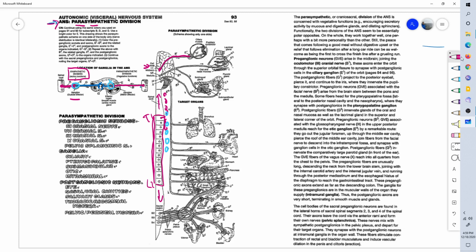in constricting the pupils. So here's the ganglia, within the organ. Remember, I said they were within the organ in the parasympathetic nervous system. And note now the postganglionic neuron heading to the pupillary constrictor muscles of the eye, the ciliary muscles they're called.